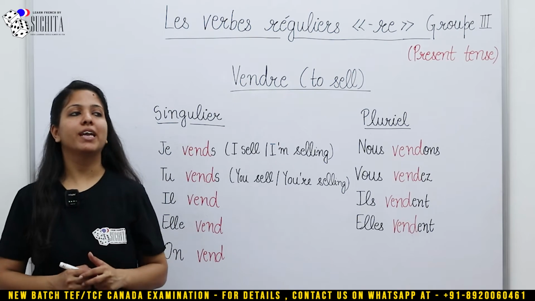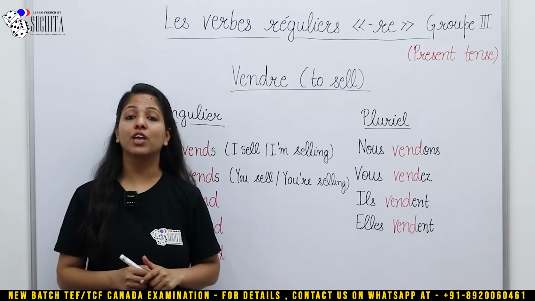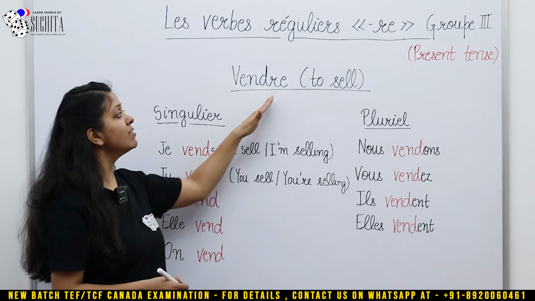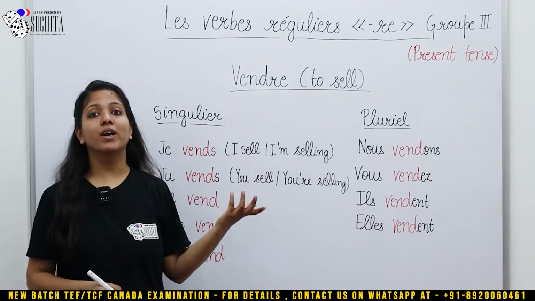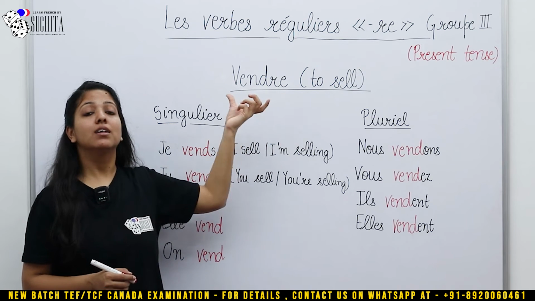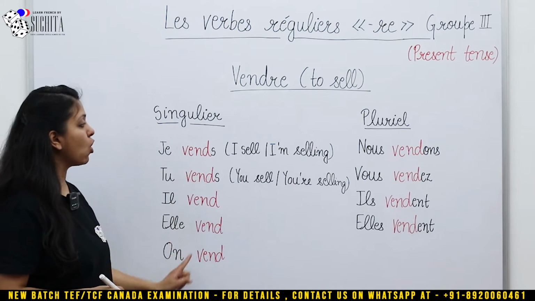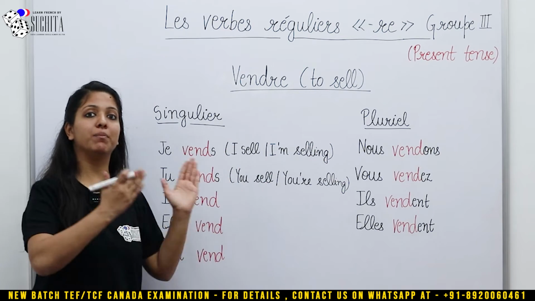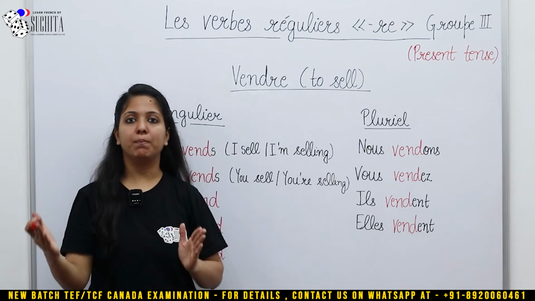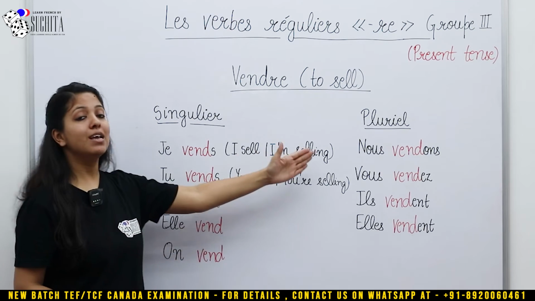The second verb that I have written for you is the verb vendre. Again, that's a regular RE verb, which means to sell. What do you have to do again? You have to remove RE, and the radical that you have is VEND, which you will write in all the cases. First you will divide your table into two parts, singulier et pluriel, et après vous allez écrire les sujets.